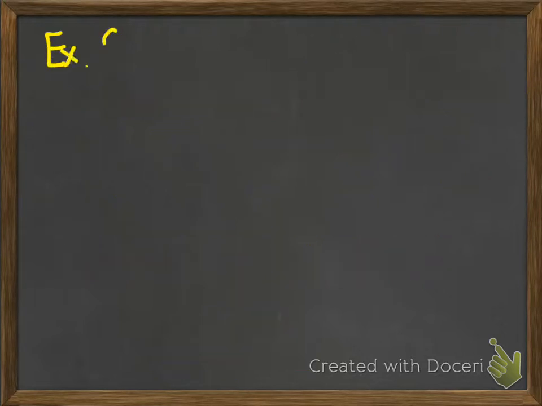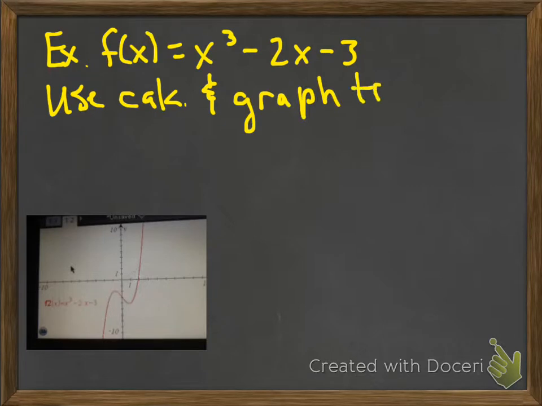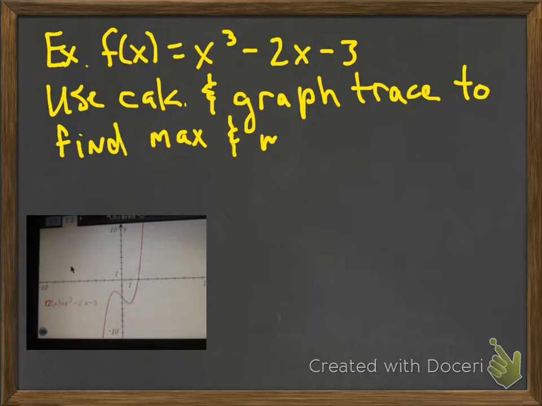Okay, so for example, and this one I would recommend doing through a graph. We're going to have x cubed minus 2x minus 3. Use the calculator. I already used the calculator in the graph trace function. I graphed it there to find your different points. So we want to find the max and the min.